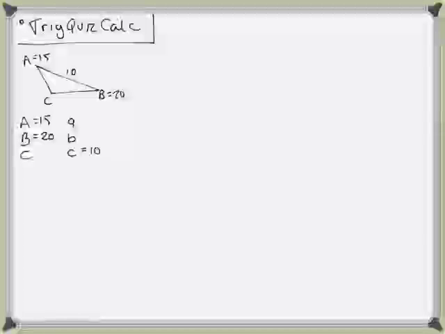The easiest thing to find first is the other angle. What do we know about the 3 angles of a triangle? They add up to 180. So I can take what I have so far, subtract it from 180, and that tells me how much I have left for that other angle. From there, we will use our law of sines or law of cosines to solve the problem.